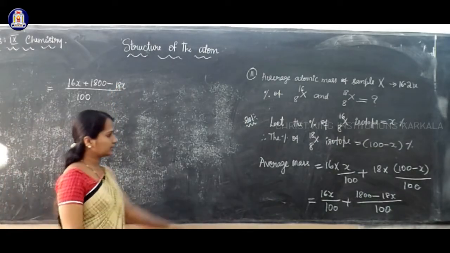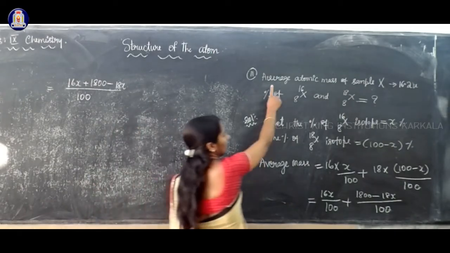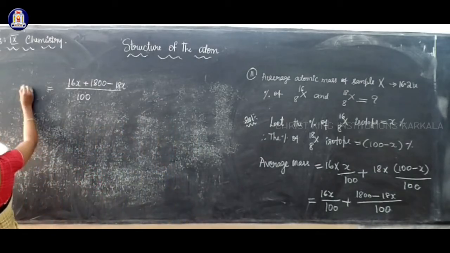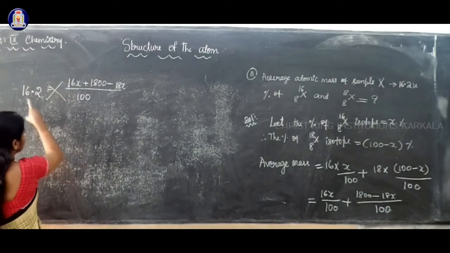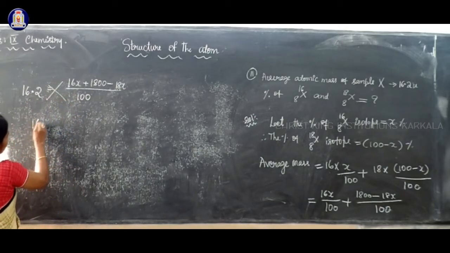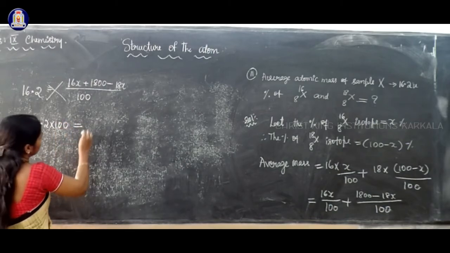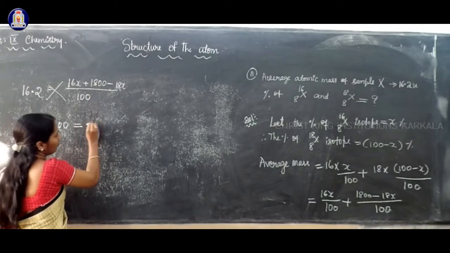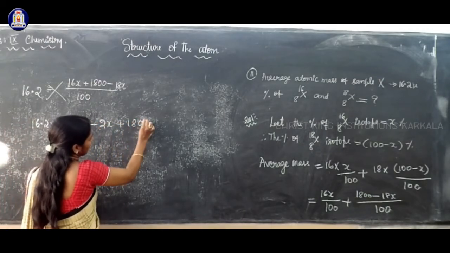But what is the average atomic mass given in the question? They have given 16.2. Now cross multiply. So 16.2 into 100 is equal to 16x minus 18x, in the sense minus 2x, plus 1800.